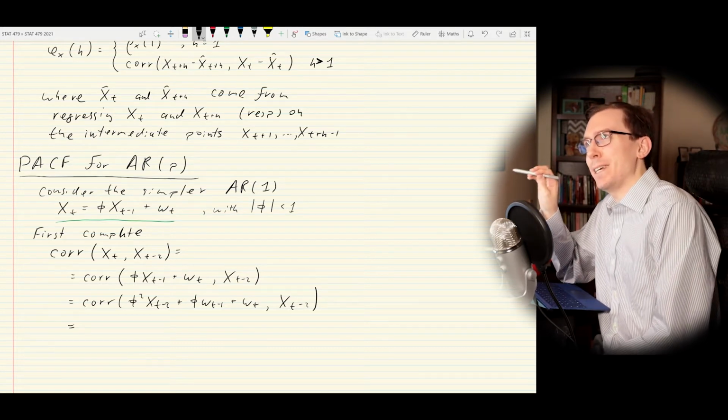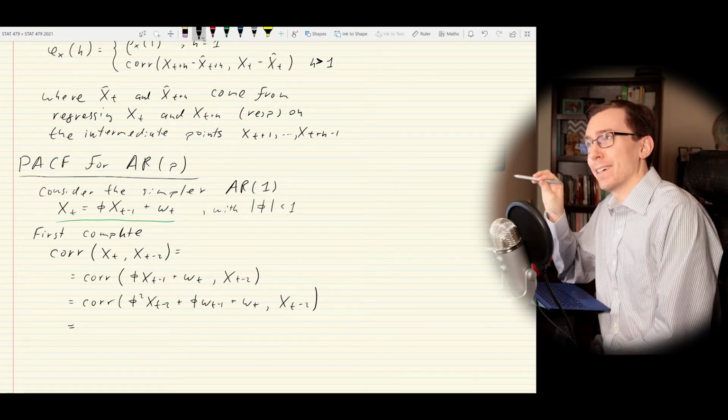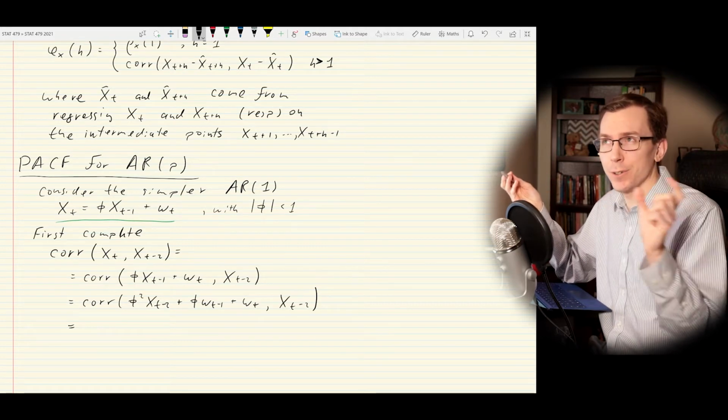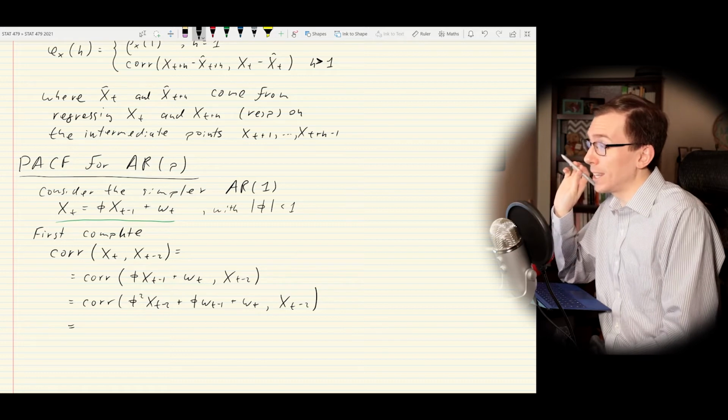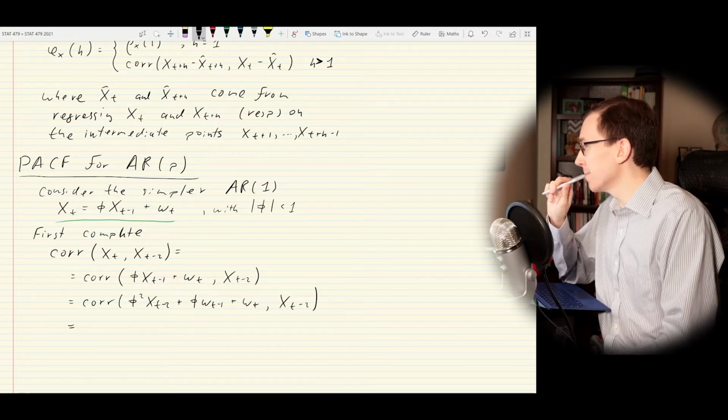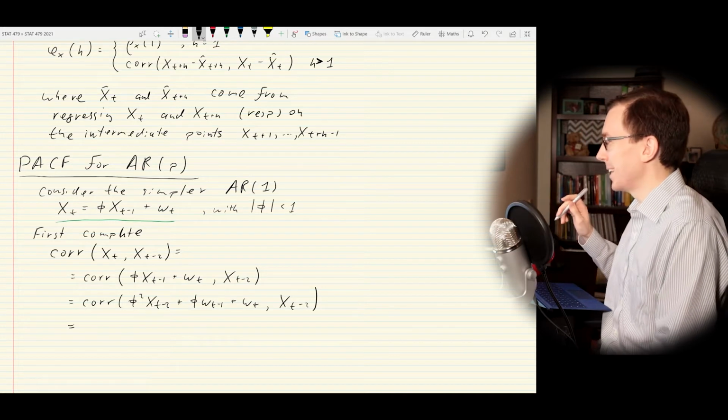But strictly speaking, the covariance function is bilinear. It's linear in each of its two arguments, whereas the correlation would not necessarily be so because the denominator would change because of the variance. That's interesting.